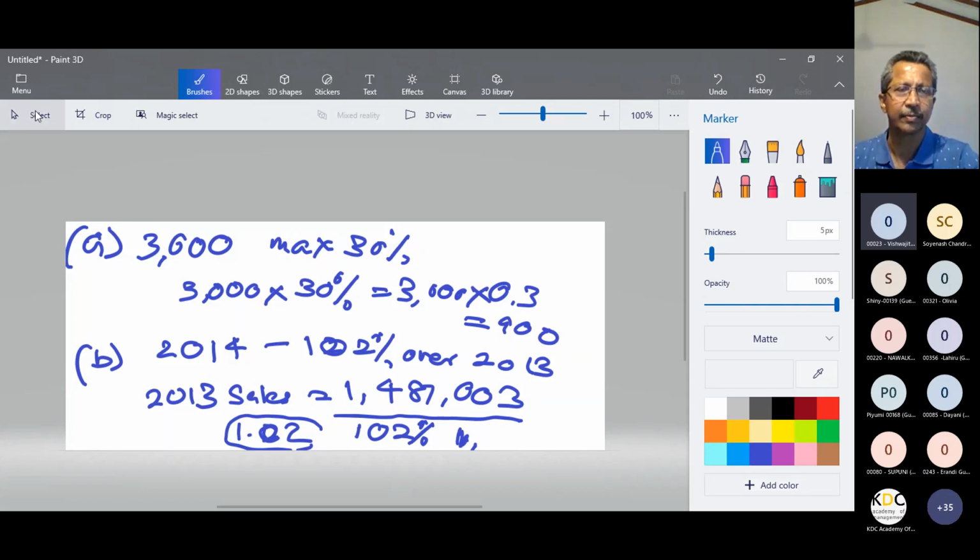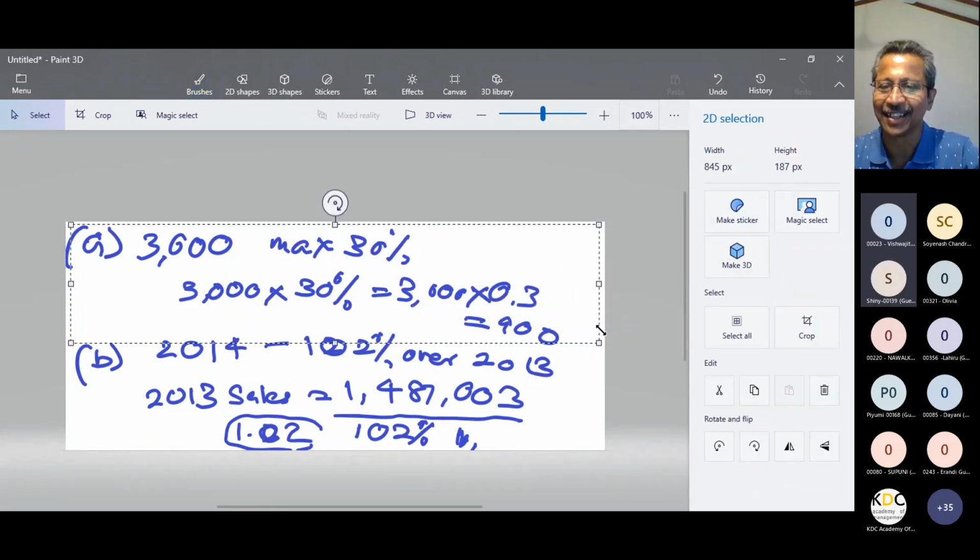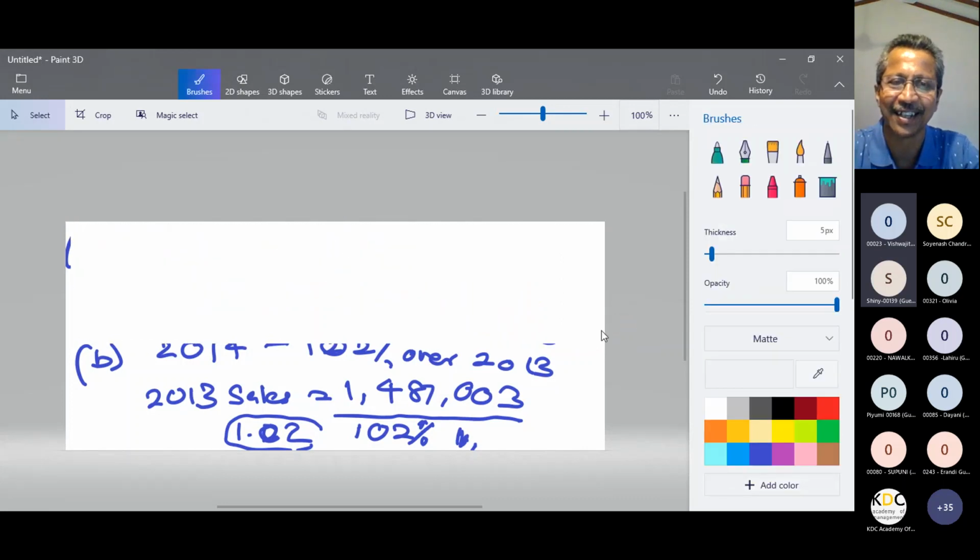Sir, can you tell the answer again? I will go to the book and check, because I need to calculate. So it's 1,457,846. Yeah, I think that is the correct answer.